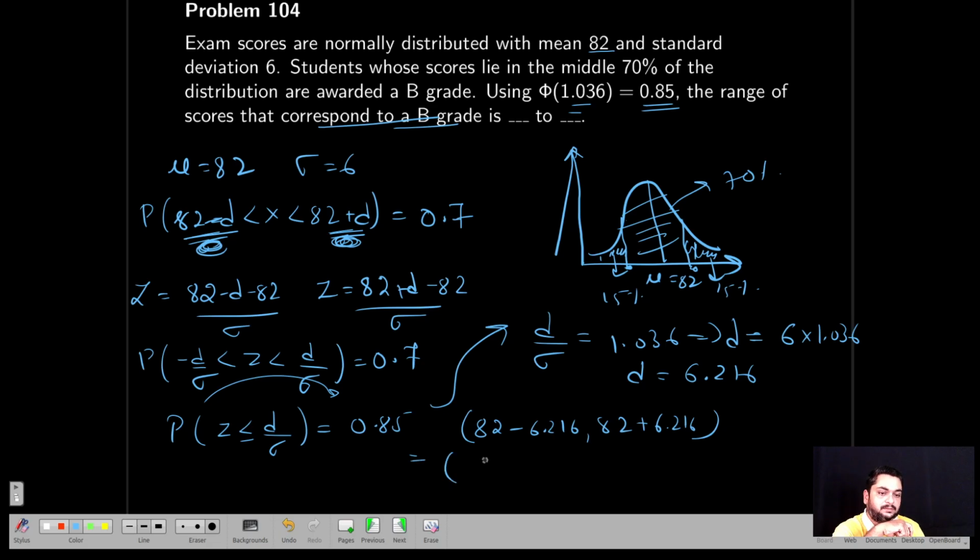You get 75.78 and then 86.22. What does it mean? Those students who score in this range are given the B grade. That is the meaning of what you have solved.